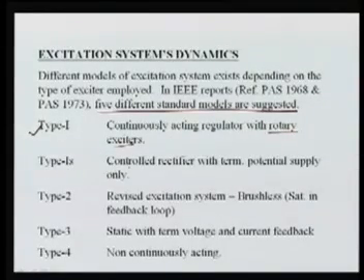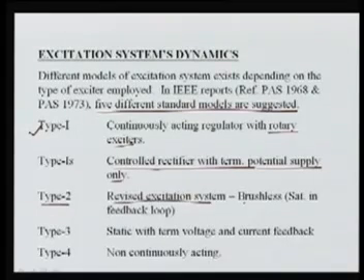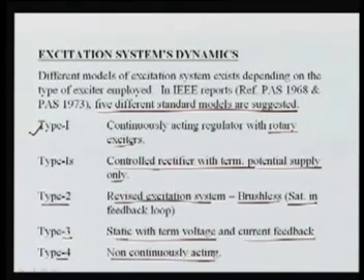Type 1S is the controlled rectifier with terminal potential supply only. The type 2 model is the revised excitation system, which is brushless, and saturation is taken into the feedback loop. Type 3 is the static excitation system with terminal voltage and current feedback, and type 4 is the non-continuously acting excitation system.